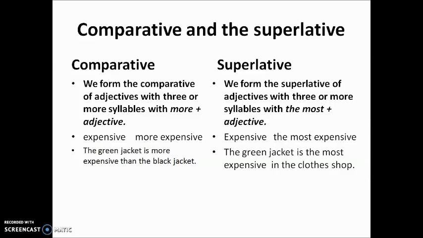In the superlative form, with adjectives that have 3 or more syllables, we add the most plus the adjective. Like the adjective expensive, it becomes the most expensive. Or beautiful, the most beautiful.